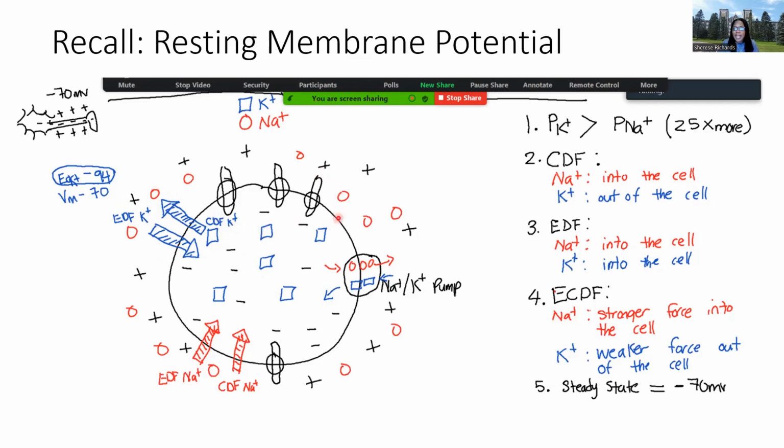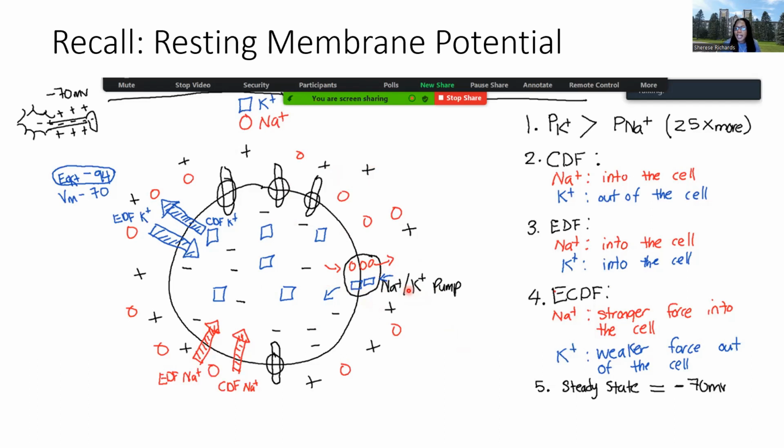And then because it has more channels to leak out of the cell, it's going to move out of the cell. Sodium moving strongly into the cell and potassium moving weakly out of the cell, those two forces are being balanced out with the movement of both of these ions by the sodium-potassium pump.